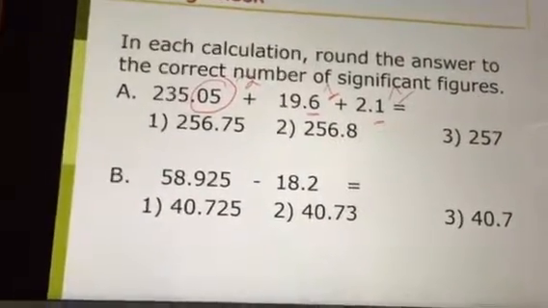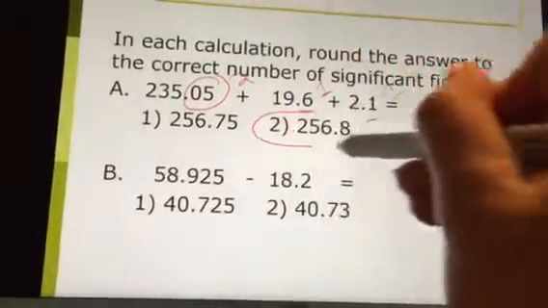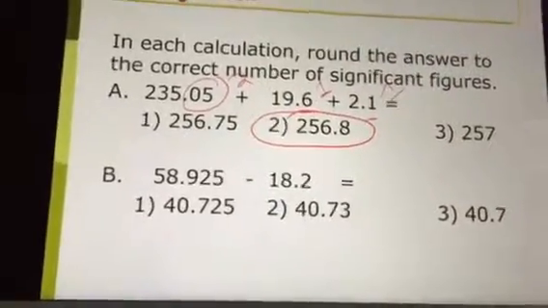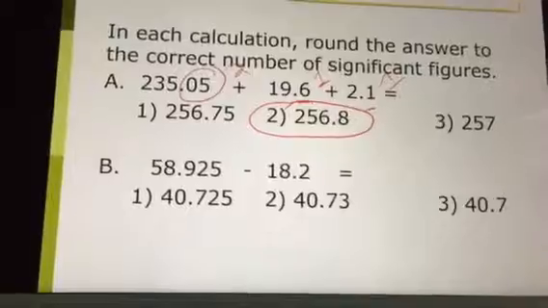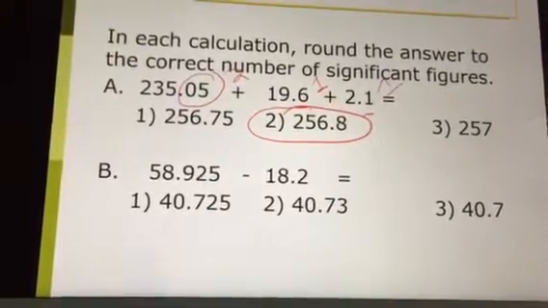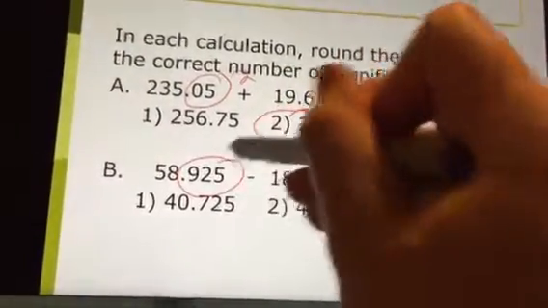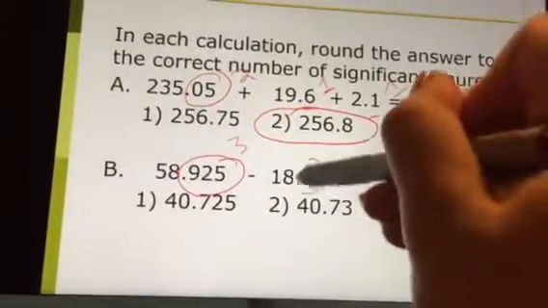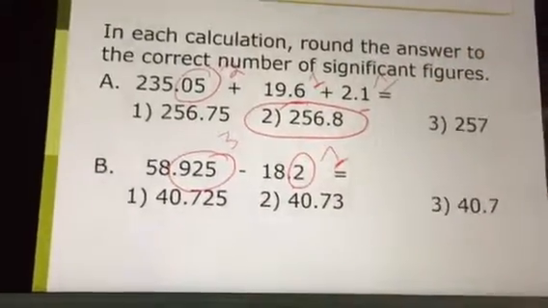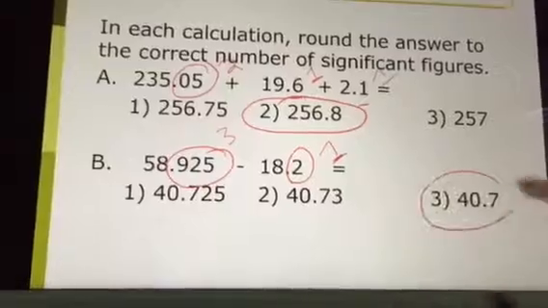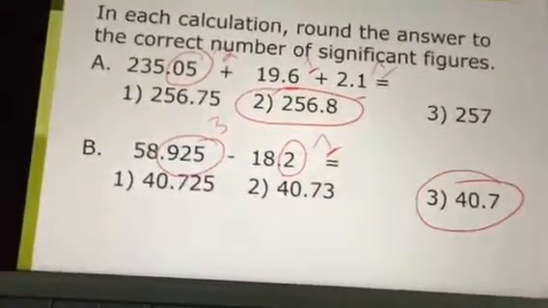So I only want 1 figure after the decimal place, which is my number right here, number 2. In B, I have 58.925 minus 18.2. I have 3 figures after the decimal place here, 1 figure after the decimal place there. So my answer needs 1 figure after the decimal place.